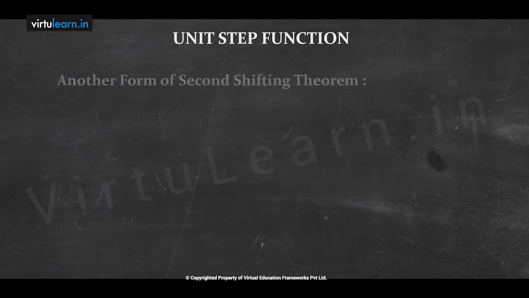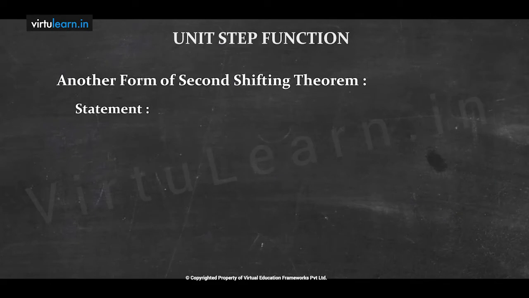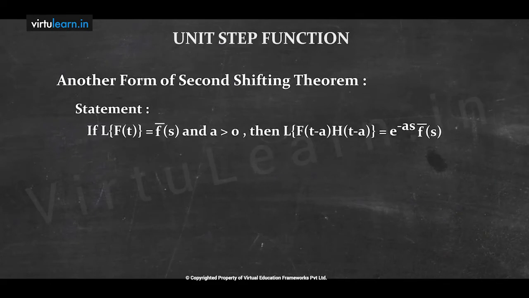Next, another form of the second shifting theorem. Now the statement: if the Laplace transform of f of t equals f bar of s and a is greater than 0, no negative number, then the Laplace transform of f of t minus a into H of t minus a equals e power minus as into f bar of s.